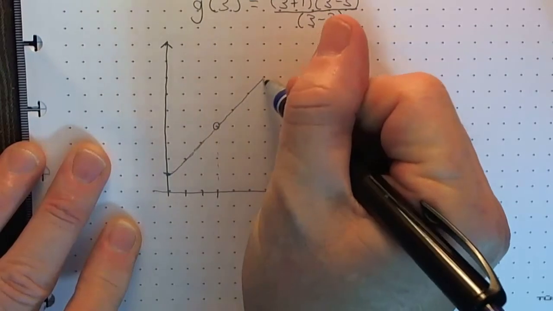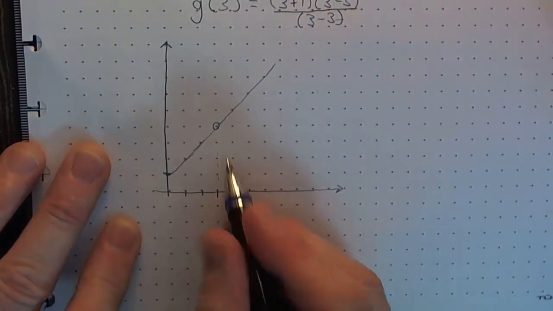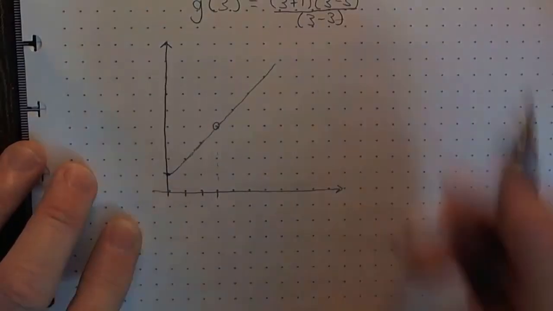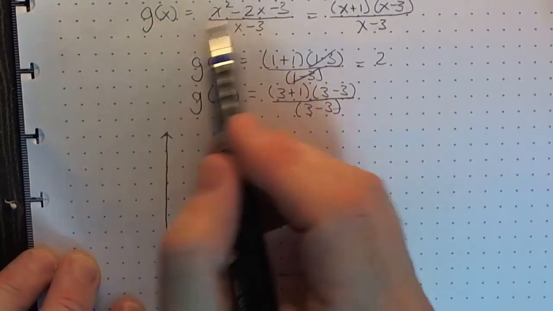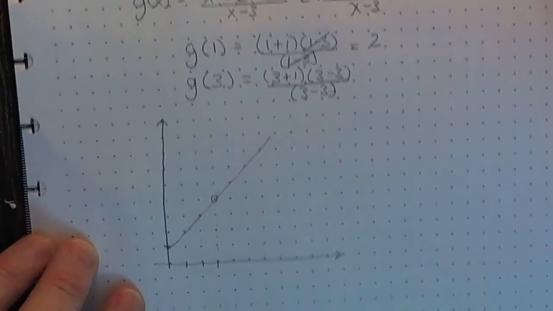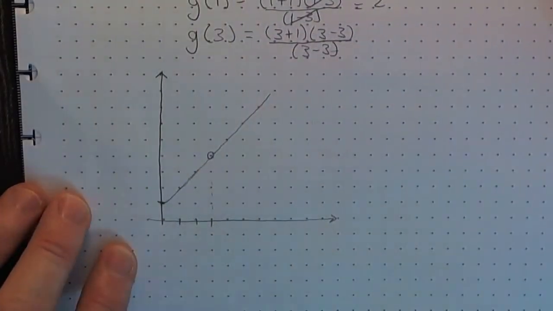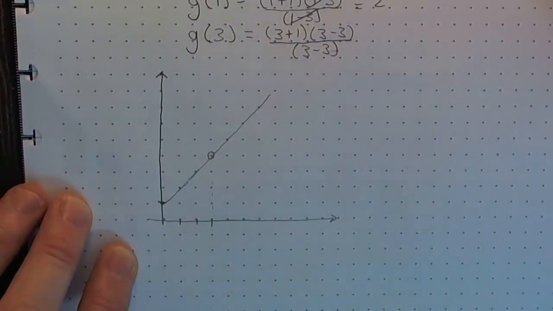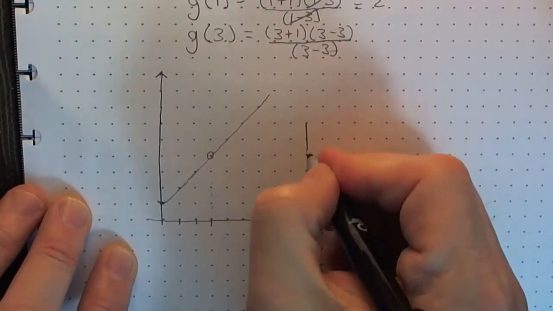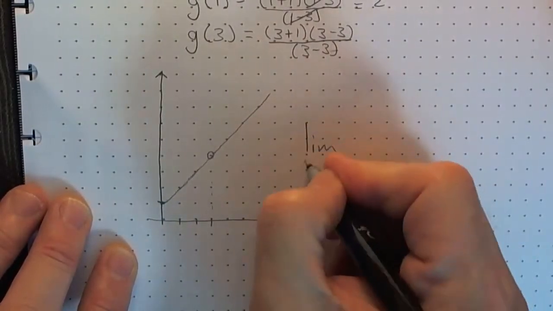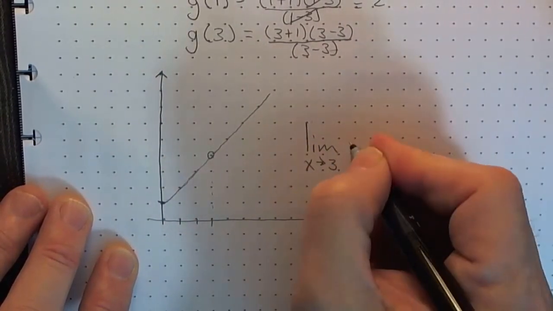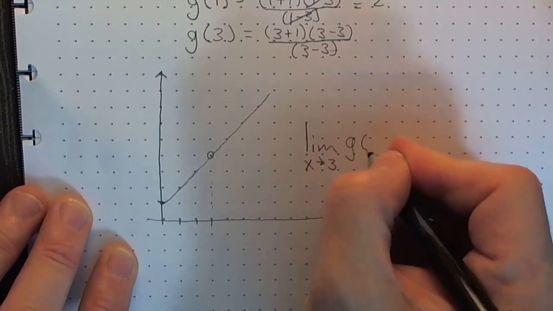In other words, the graph is not defined there at x equals 3. So this function, g of x, is defined every place except x equals 3. So we can't talk about g of 3, but what we can do is say, okay, well, what is the limit as x goes to 3 of g of x?